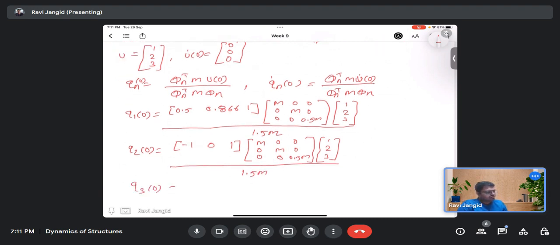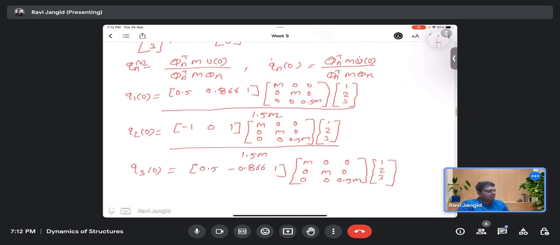Similarly q30: 0.5, minus 0.866, 1, times m, 0, m, 0.5 m, times 1, 2, 3, divided by 1.5 m. So can you give me the values? Solve this.